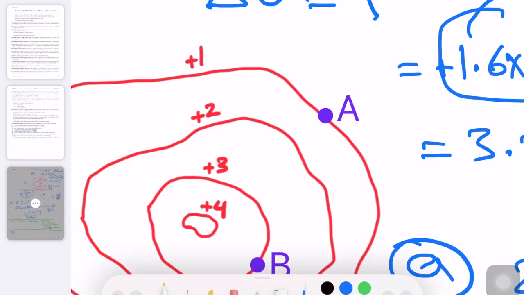I have to draw the electric field on this line, perpendicular to the contour. But would I draw it like this, or would I draw it like that? Which one is correct? Well, the electric field has to point towards lower potential, not higher potential. This direction is the direction of increasing potential, so I have to use the opposite direction. So this is the direction for the electric field at point A.